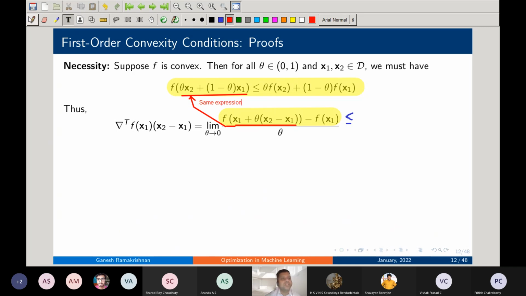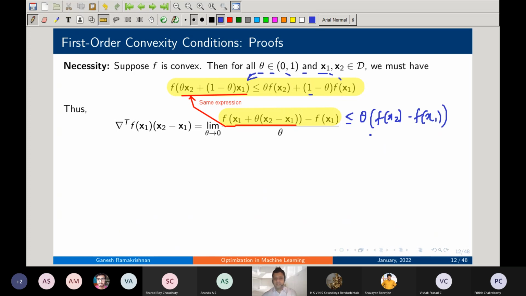These are the same expressions, and we are trying to get f of x1 on the left hand side, minus f of x1. So I'll basically get a term corresponding to this one, f of x1, and bring it to the left hand side. What remains on the right hand side is theta times f of x2 minus f of x1, right?